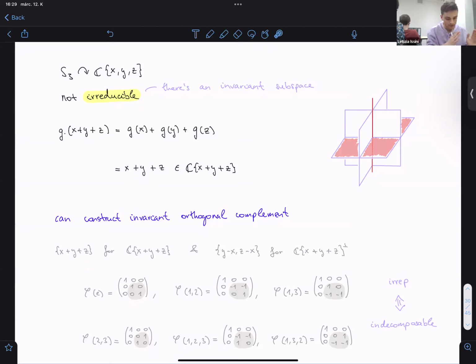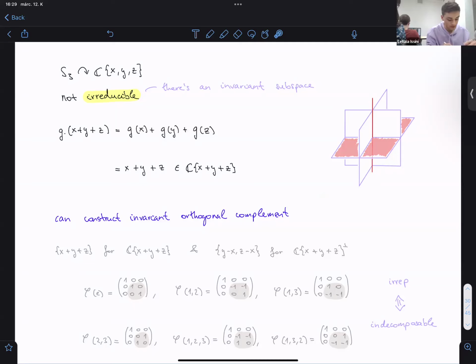We have a non-trivial invariant subspace, and that's a general fact for finite groups: we can always construct an invariant complement to this subspace by a suitable invariant inner product. In particular, any representation decomposes as a direct sum of irreducibles for finite groups.